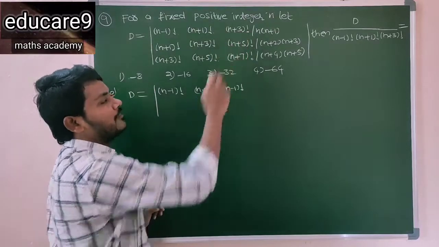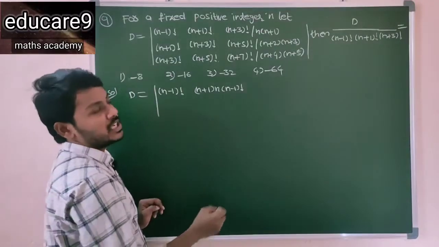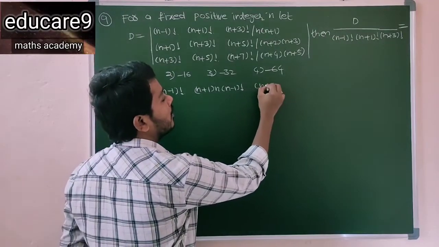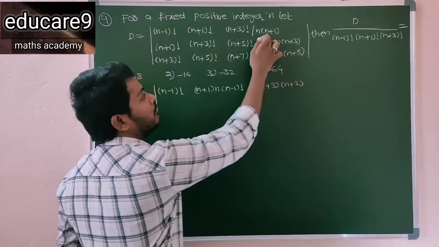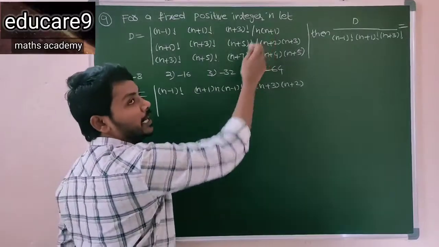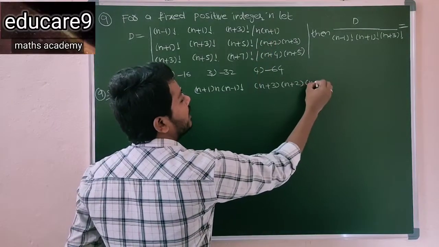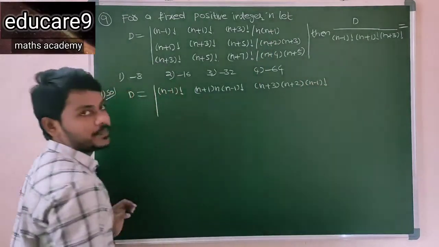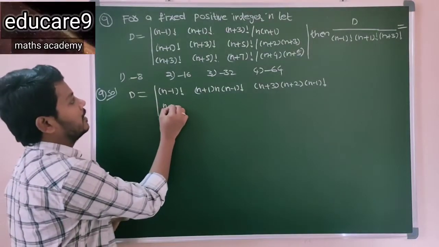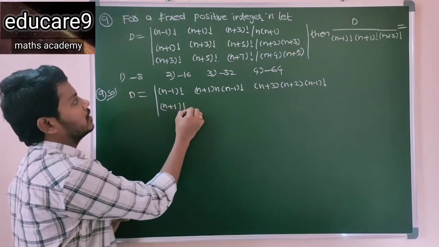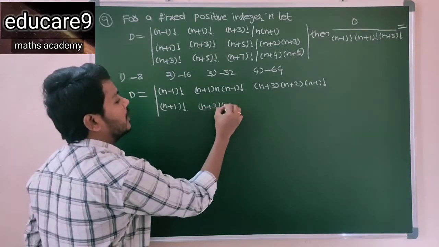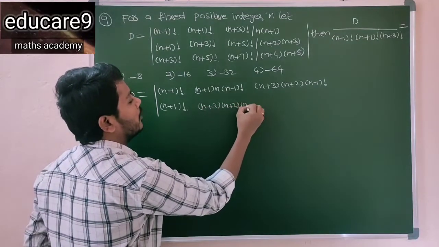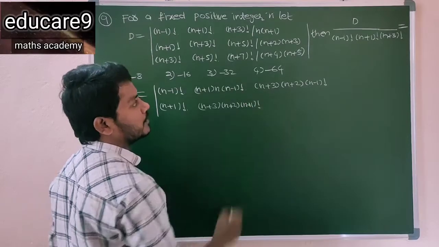Next here n plus 3 factorial is written as n plus 3 into n plus 2 into n plus 1 into n. That should get cancelled. You will get n minus 1 factorial. Next here n plus 1 factorial. Here n plus 3 into n plus 2 into n plus 1 factorial.